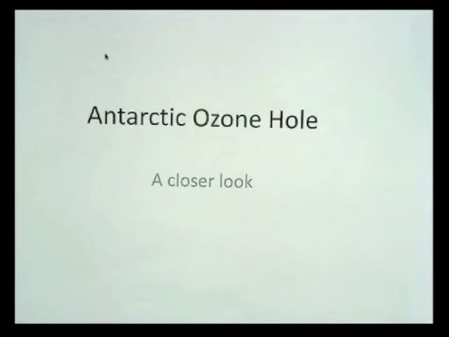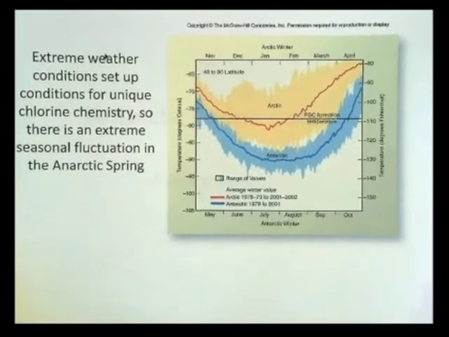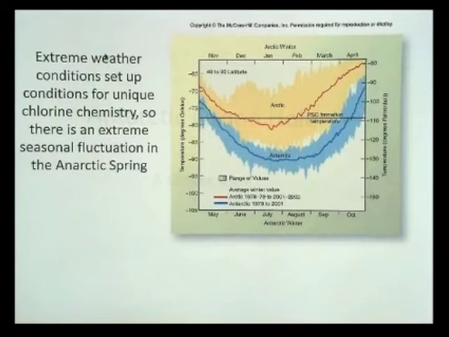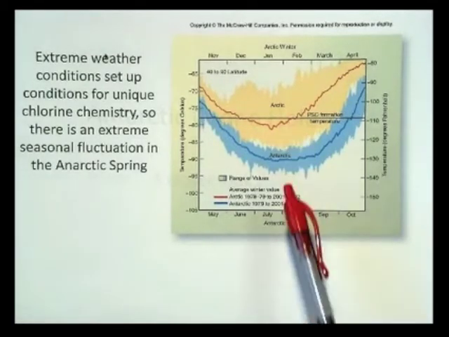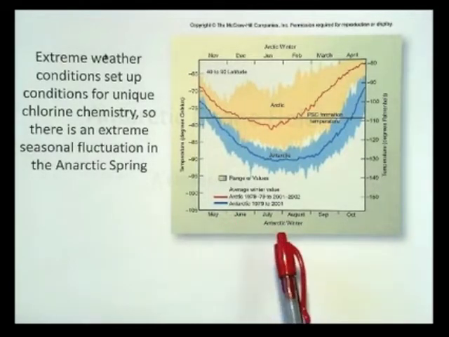So as it turns out, there are extreme weather conditions at the poles. And this graph here shows the temperature at the poles, at the Arctic and the Antarctic, going from May through October.